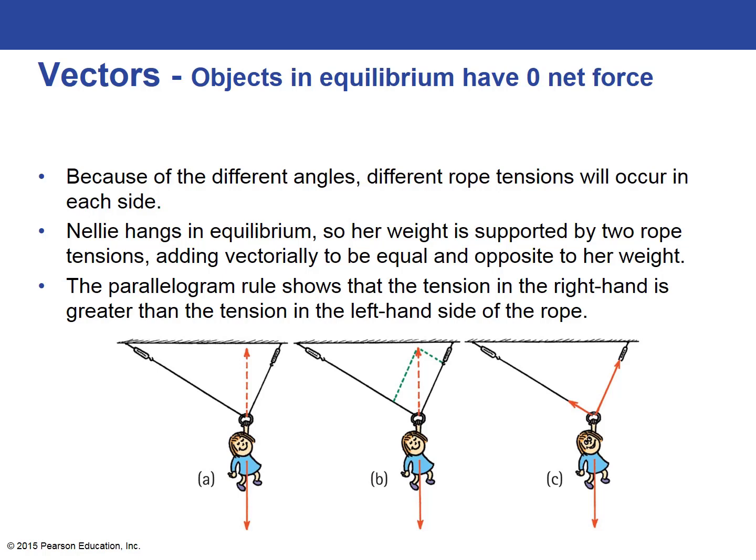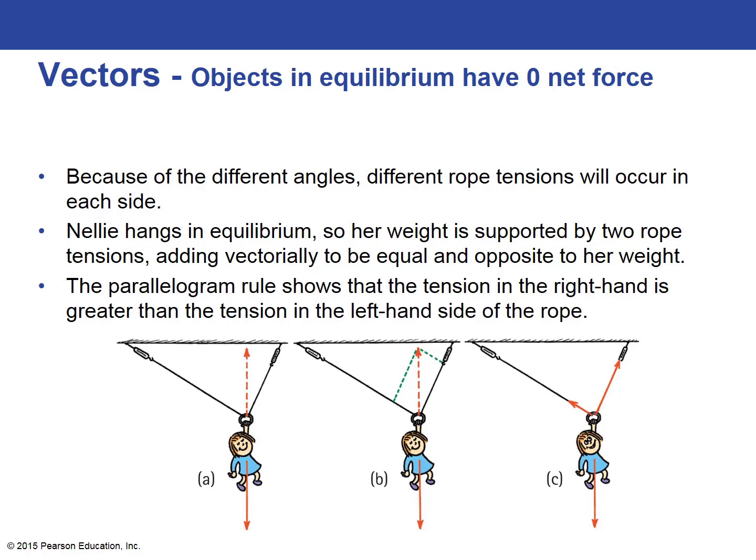of Nellie Newton, looking in our view, and there's a vector from the other side of the rope that is also along the direction of the rope. And these three forces must add up to zero.